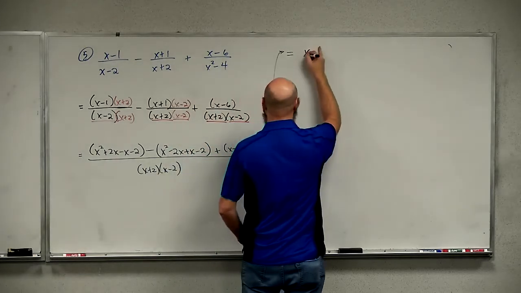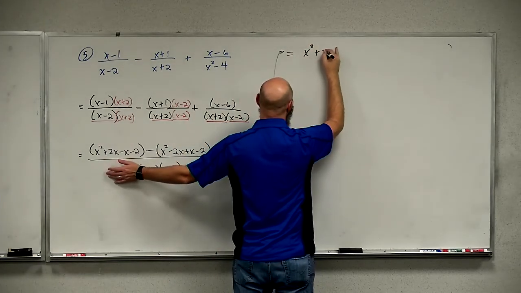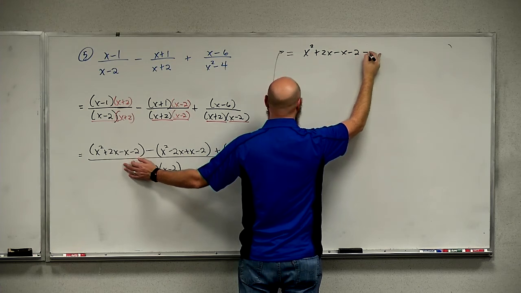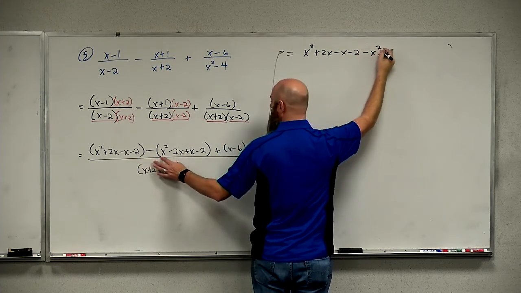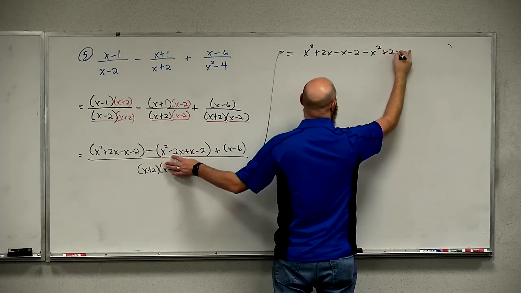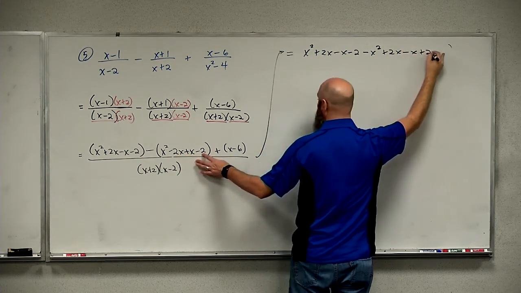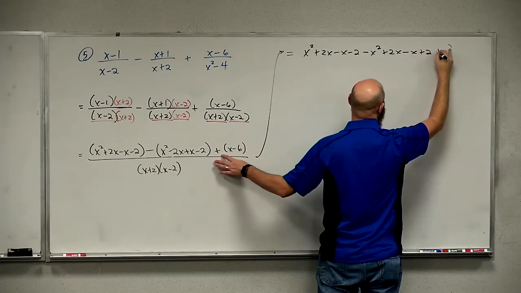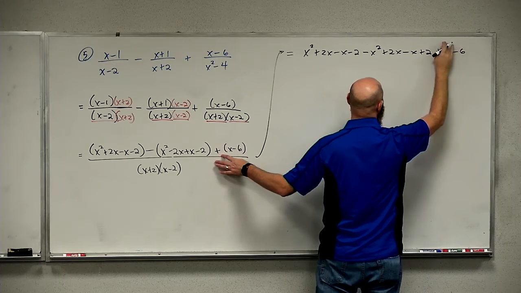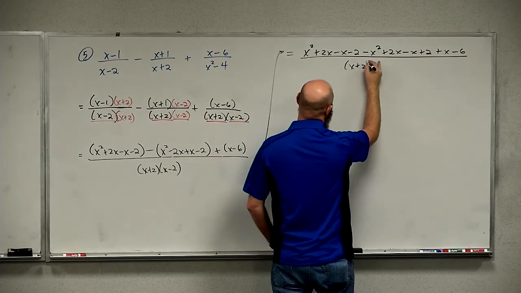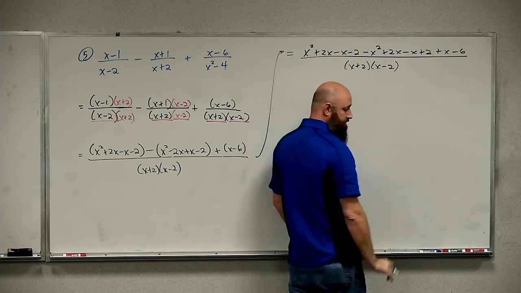So my first one, x squared plus 2x minus 2, and then minus x squared plus 2x minus x plus 2, and then plus x minus 6, all divided by (x plus 2)(x minus 2).